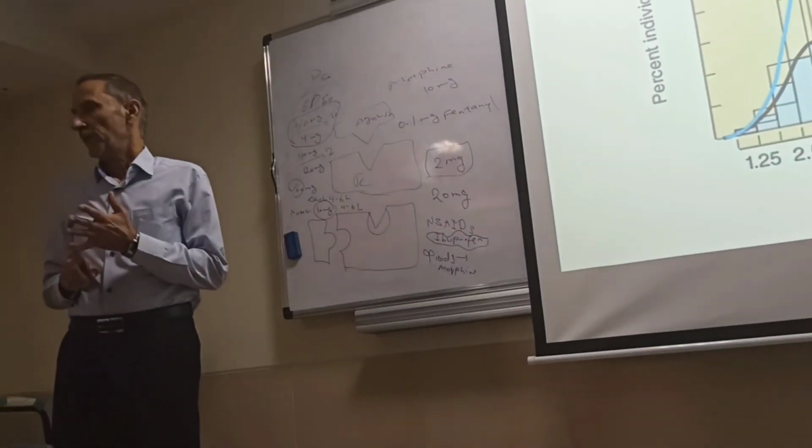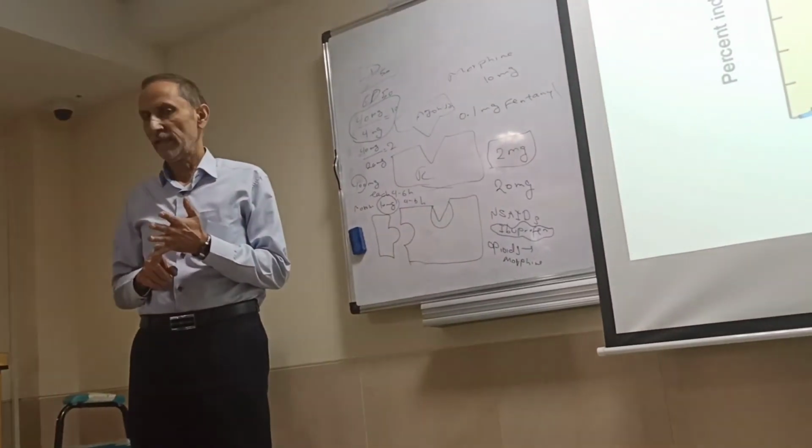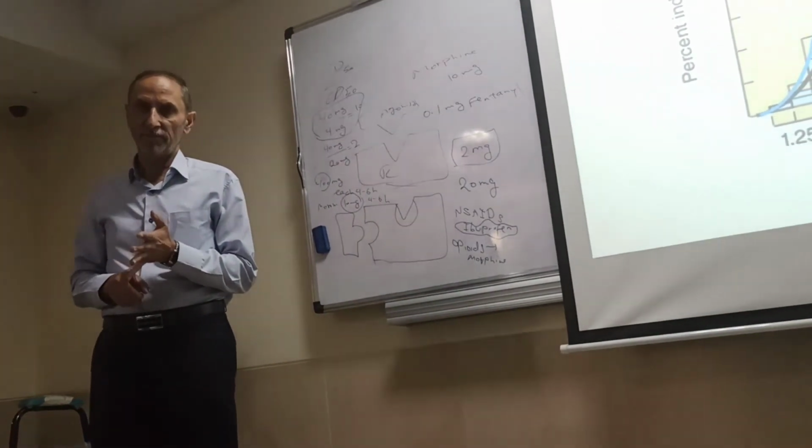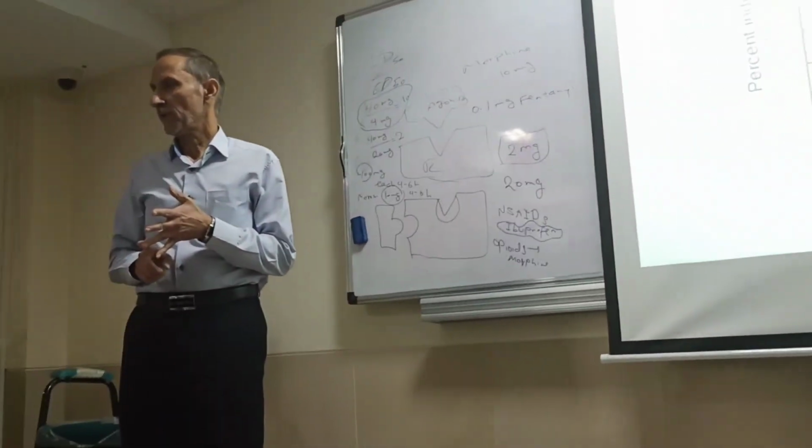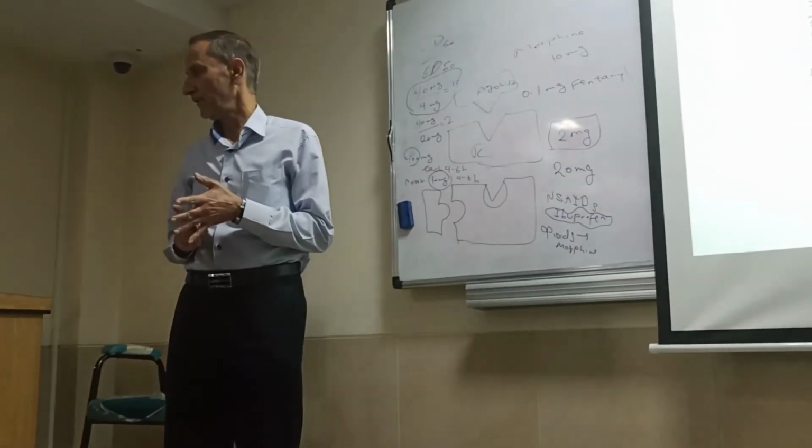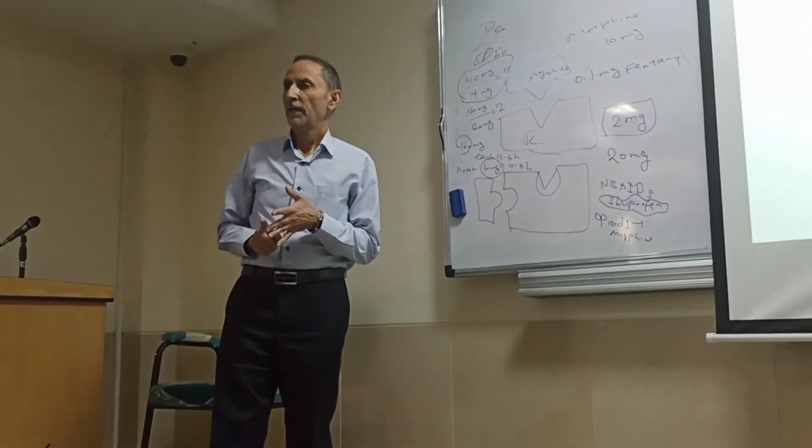We talked about agonists. We said that agonists can produce biological effect. We have two types of antagonists, competitive and non-competitive.